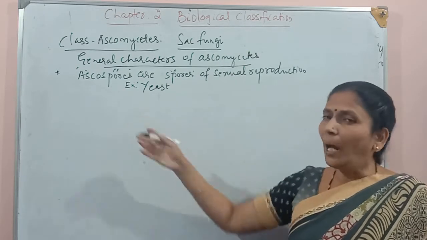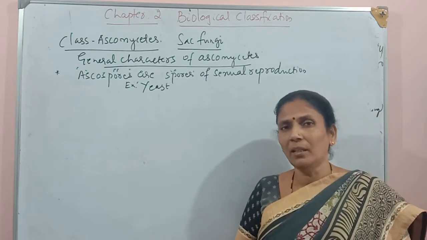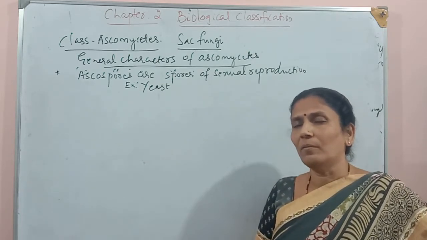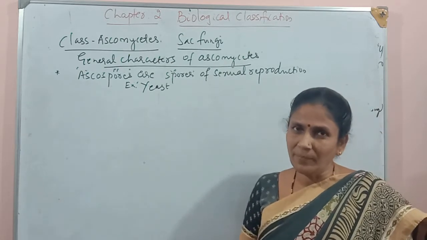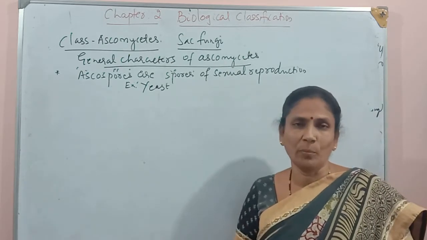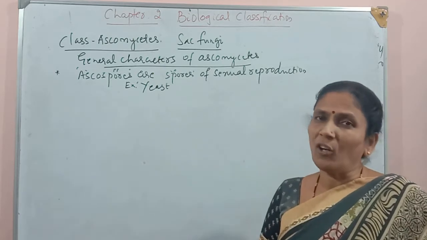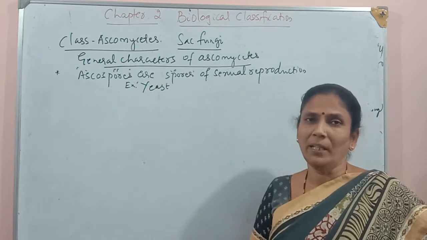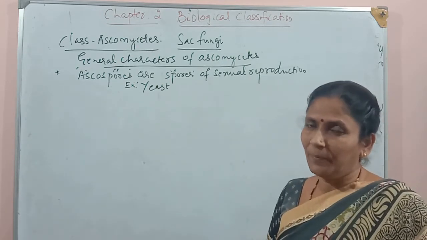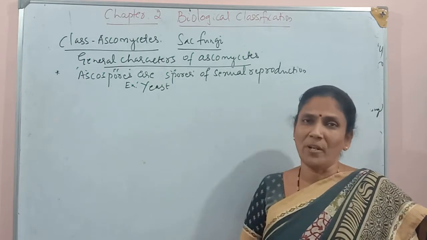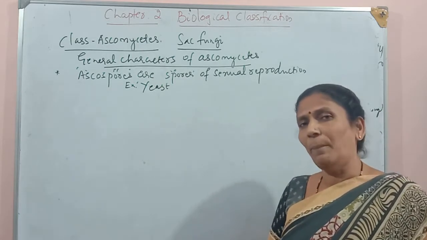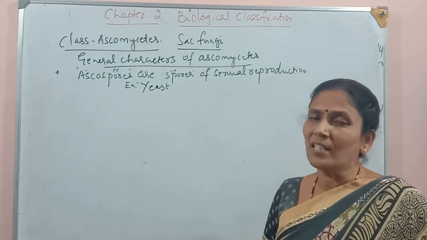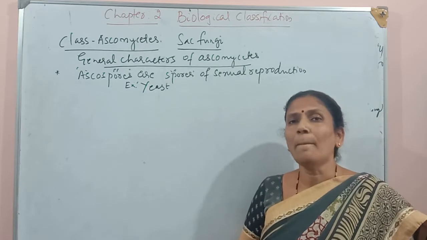For example, the haplontic life cycle is shown by the yeast species Schizosaccharomyces, the diplontic life cycle by Saccharomycodes ludwigii, and the haplodiplontic life cycle by Saccharomyces cerevisiae. But to explain the ascospore formation, I am taking the help of the haplontic life cycle.